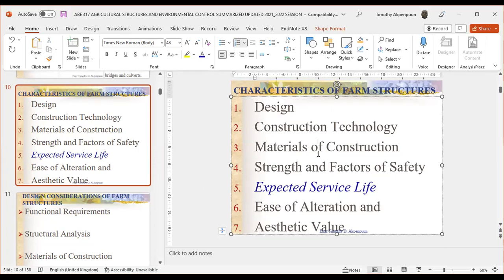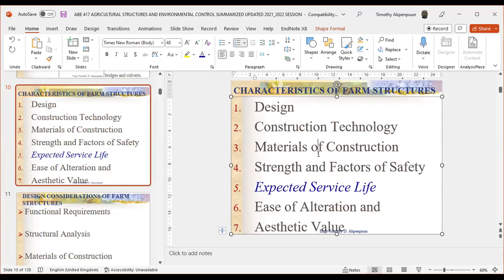What is expected? Is it just greenhouse alone? Does the investor intend to expand or divert into something else, like from greenhouse to plant factory?